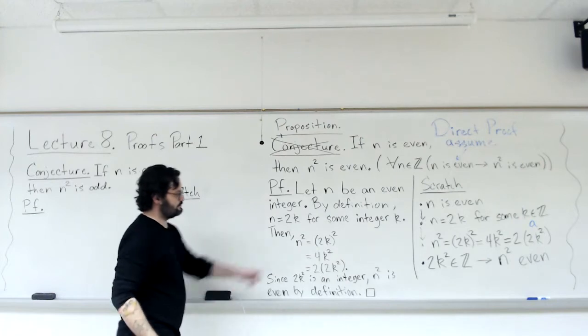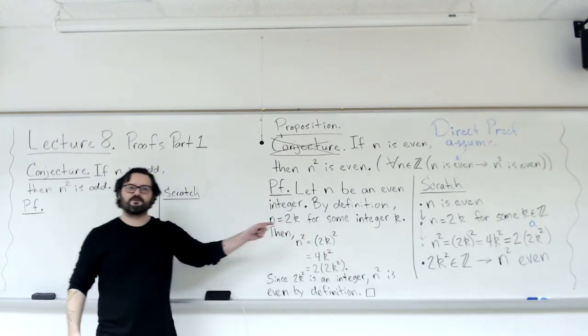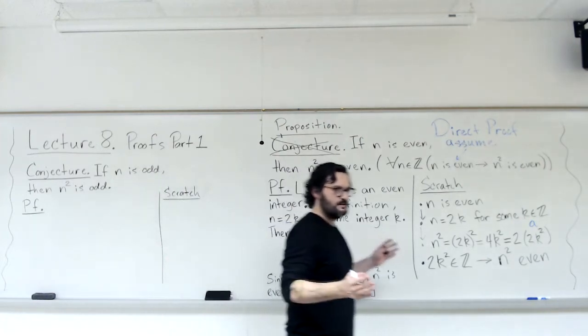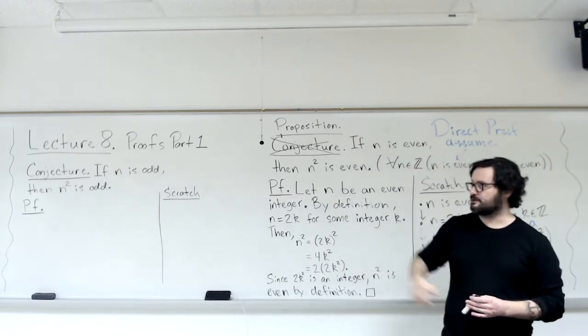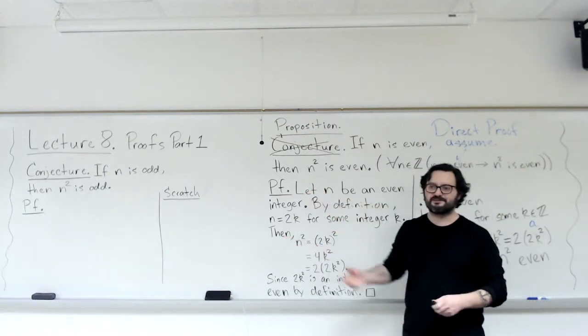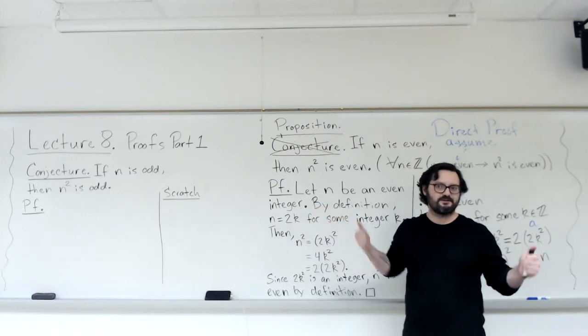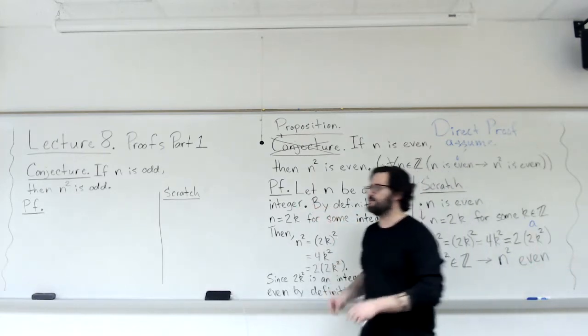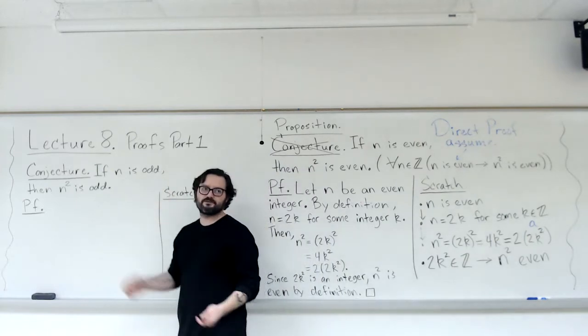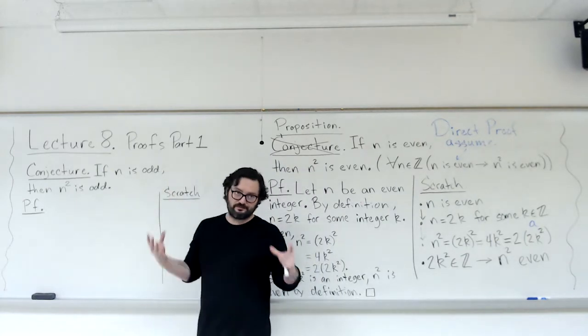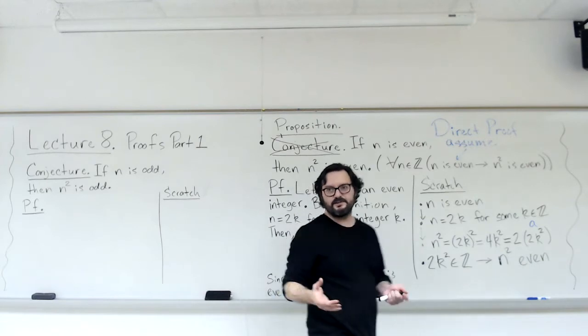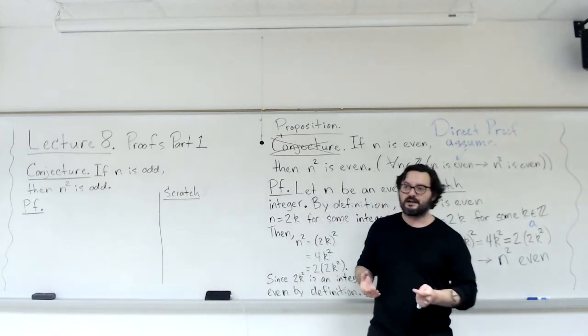Don't try to just start writing this nice thing first. Split it up and then try to figure it out first. We don't even know if that's true, right? We should look at what argument might work, and if it does, we're good, but we still don't know if it's true, because I didn't tell you that it's true. I just wrote conjecture. And if I ever give you a conjecture, do not assume that it's true.